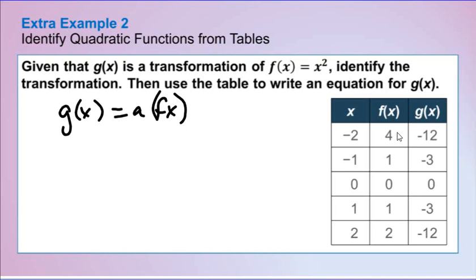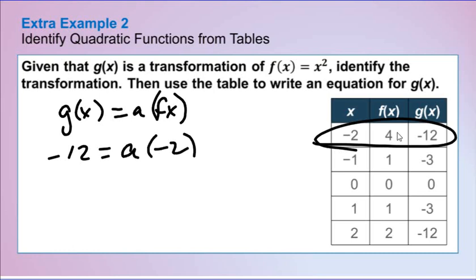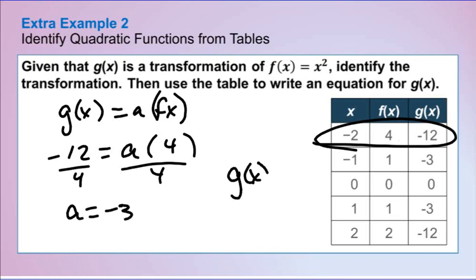Now I'm going to choose this point right here. So g of x is -12 equaling our a times, not -2, our f of x is 4. So then I divide by 4 on both sides. A would equal -3. And now I can write my equation, which would be g of x equaling -3 times x squared.